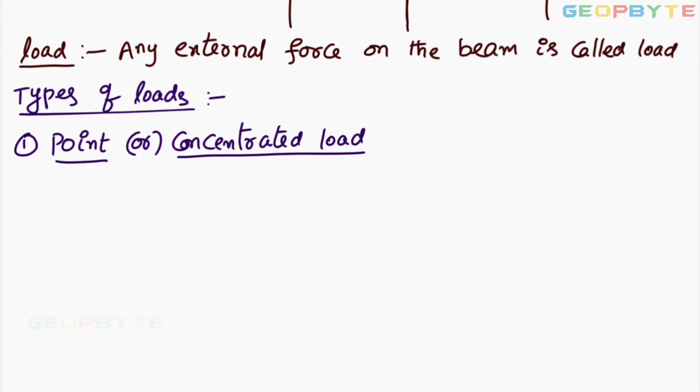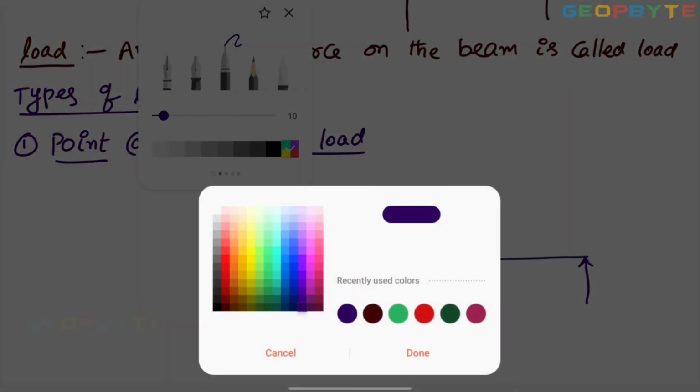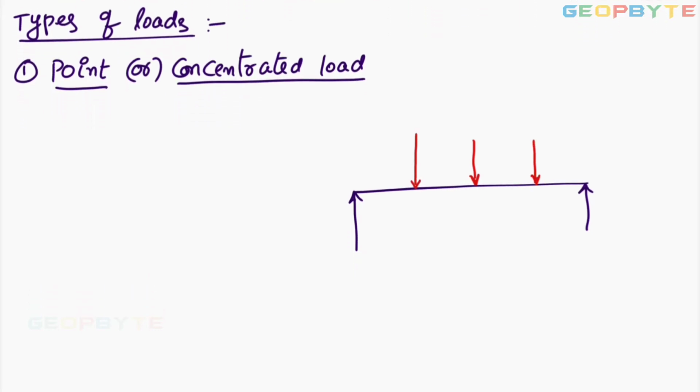Let us take a beam, like a simply supported beam. The point load is one which is concentrating on a particular point. The total load is concentrating at a particular point. Since it is concentrated at a particular point, the point load is also called concentrated load. That is about the point load.